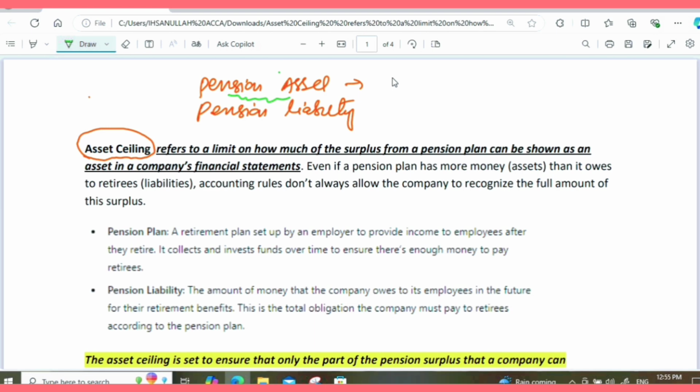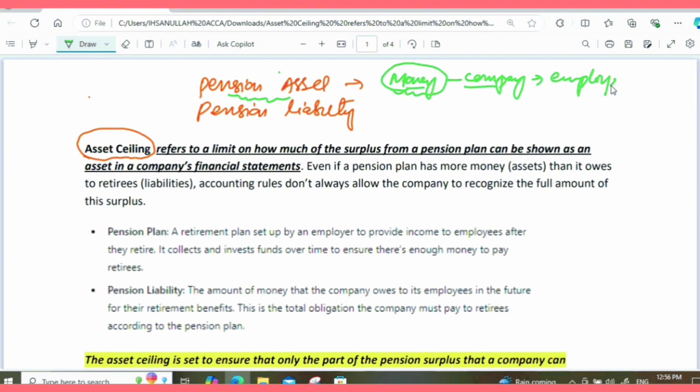Pension asset is basically the money which a company saves to pay employees when they retire. Clear? So this is the saved money, saved by the company for the employee.